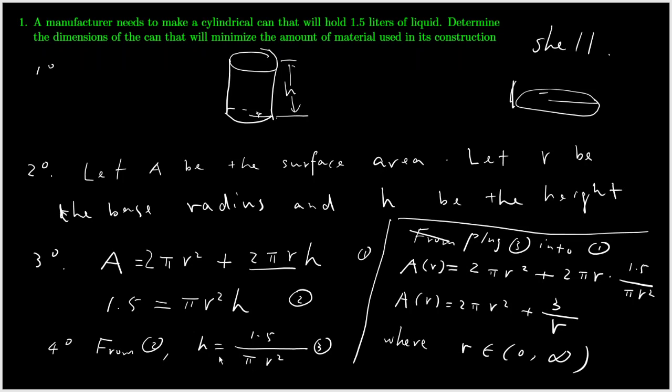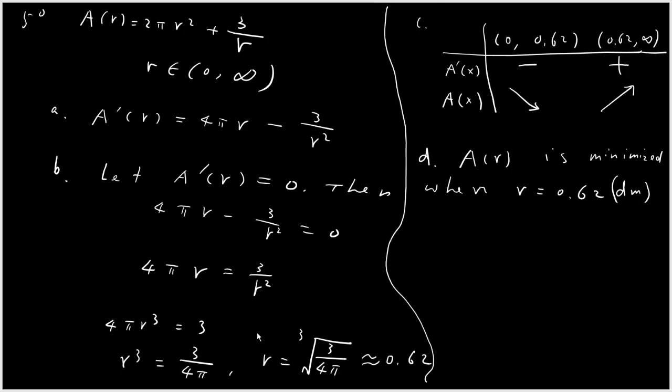If R is 0.62, what is the value of H using that formula? We need that number to answer the question. Just plug R value of 0.62 into that formula to compute H. You can keep on computing, and I'm going to answer the question in words.